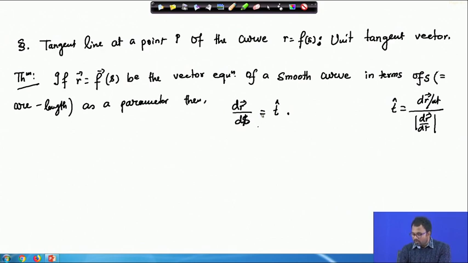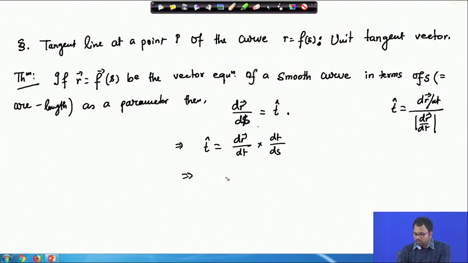And therefore, from here we can write that dr/ds is the unit tangent vector, and so the unit tangent vector equals dr/dt times dt/ds.